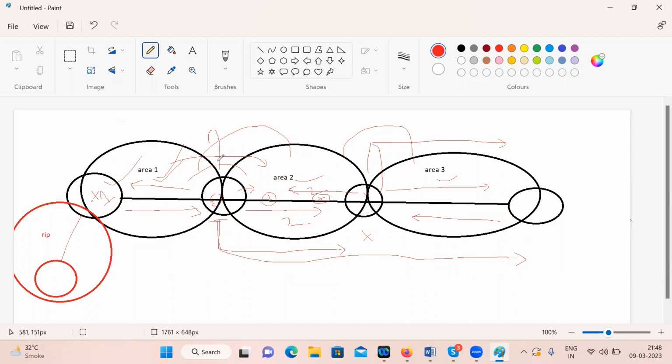This is also an ABR router and this is also an ABR router. In simple words, it is generated by the ABR router of the area where the ASBR is connected.